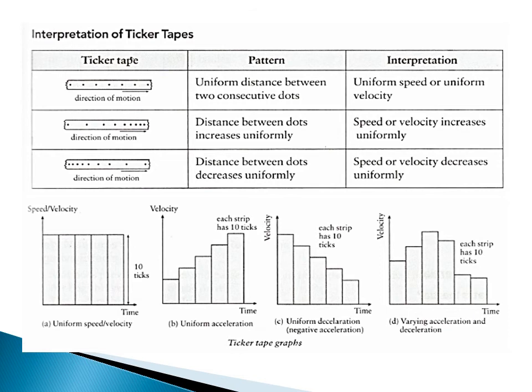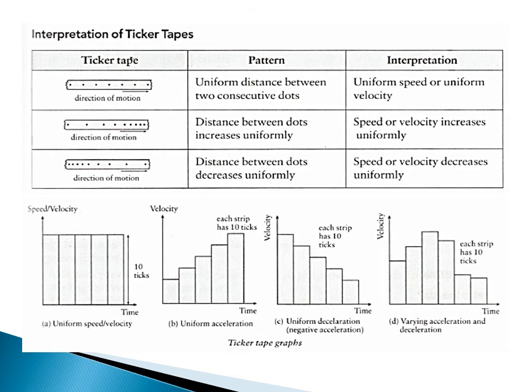Okay, for the third ticker tape, you can see from the very near dots to the farthest dots. Starting from the first one, the distance between dots increases uniformly.